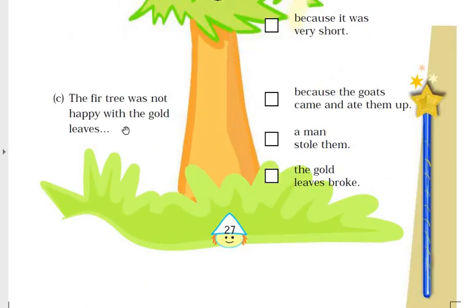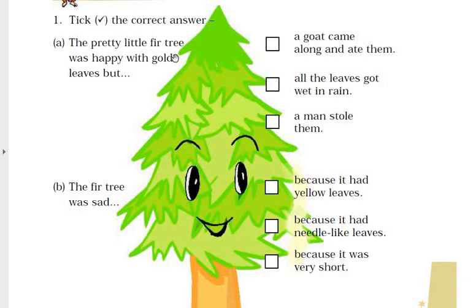Okay, the next one is the fir tree was not happy with the gold leaves. Why? Because the goats came and ate them up. This particular question has been repeated over here also.